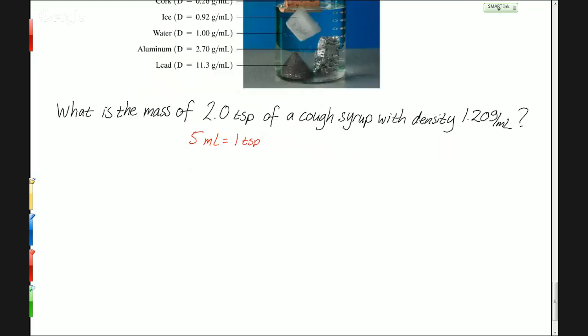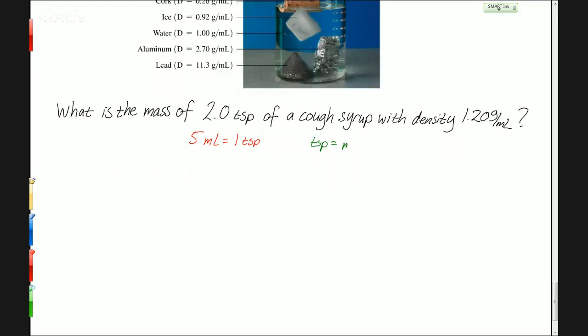All right. Once again, we want to come up with a plan of converting from one unit to the next to the next. And that plan here is going to be, let's see, what are we going to start with? The teaspoons, because that's what we're given. So we're going to start with teaspoon. And what can we convert teaspoons to?